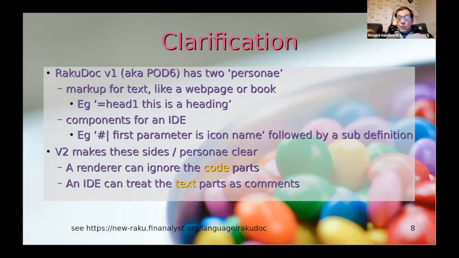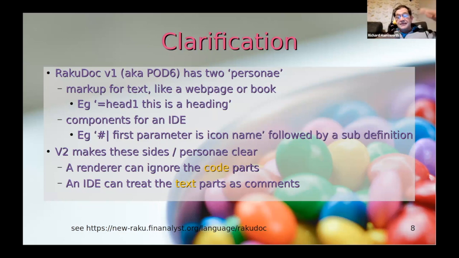However, when you want to use RakuDoc for making a book or a chapter or documenting your code, such as the RakuDoc documentation suite, you don't need the code parts of RakuDoc. You only need the text parts. And similarly, when you've got code interspersed with text, you sometimes don't need to worry about the way in which it's rendered.